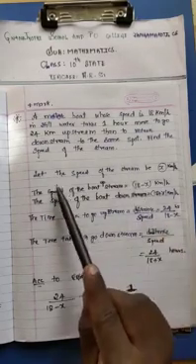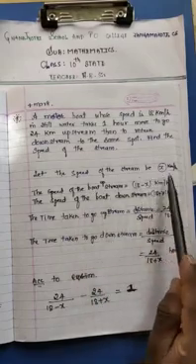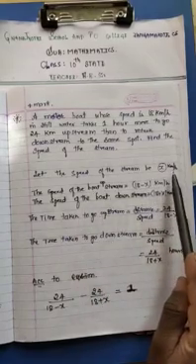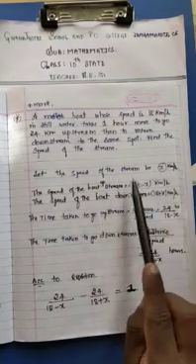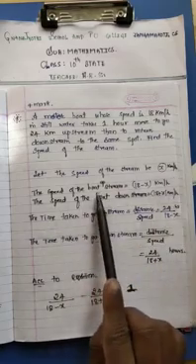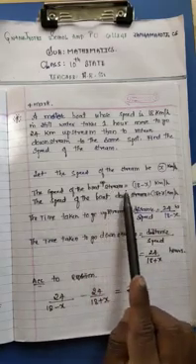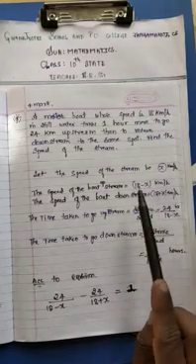See, let the speed of the stream be x kilometer per hour, right? Consider the speed of the stream be x kilometer per hour, so the speed of the boat upstream is equal to 18 minus x kilometer per hour, right?